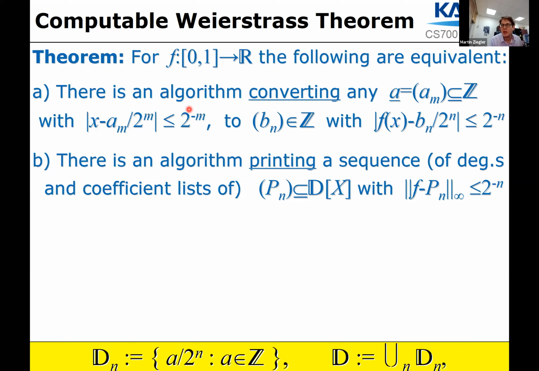In the case of real numbers, our dense countable subset are the dyadic rationals, and in the case of the Weierstrass theorem, our dense countable subset is the set of all Weierstrass polynomials with dyadic rational coefficients, which you can easily see to be indeed dense and countable. And the computable version says that computable functions as transformations are precisely those which can be uniformly approximated with error 2 to the minus n by computable sequences of such Weierstrass polynomials.